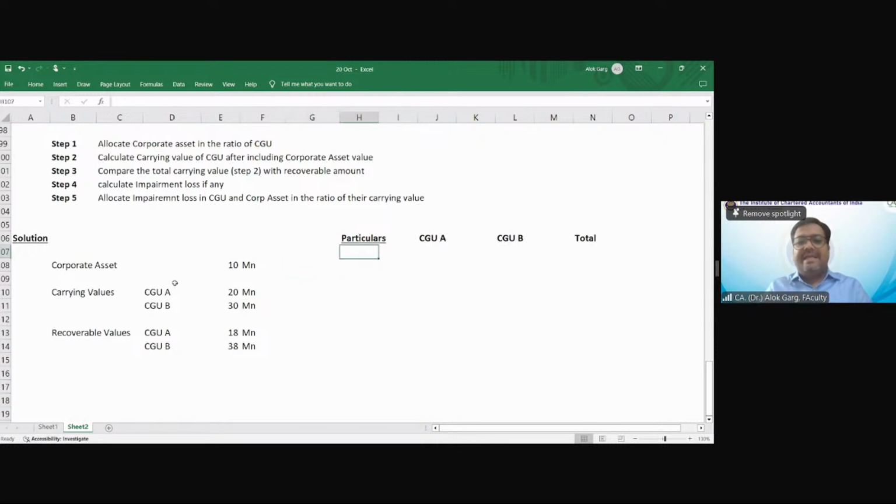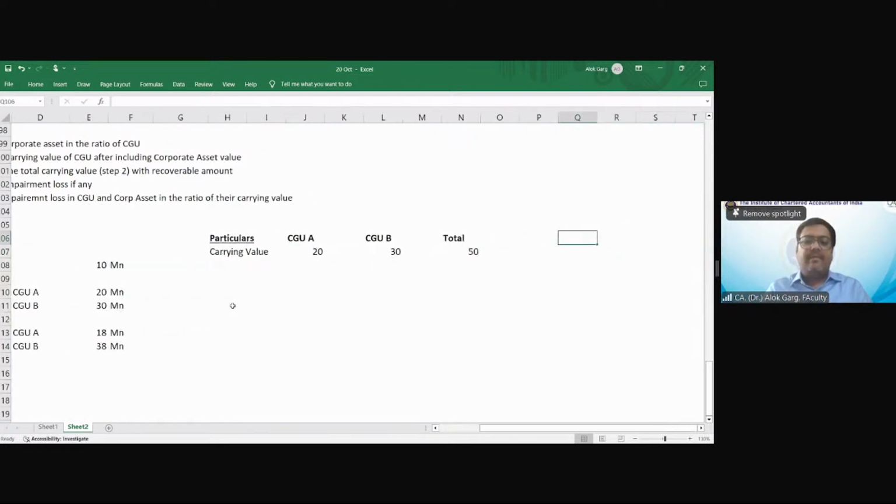First of all, what is the carrying value which is given? The carrying value is given, 20 million and 30 million. The total is 20 plus 30. What is my step number 1?